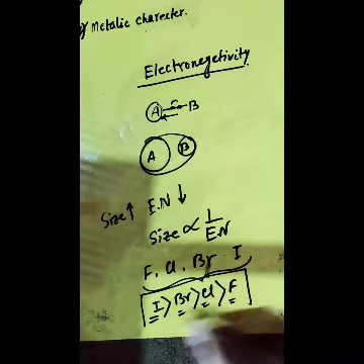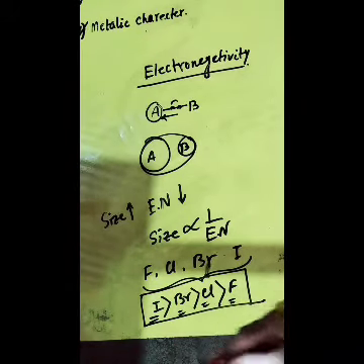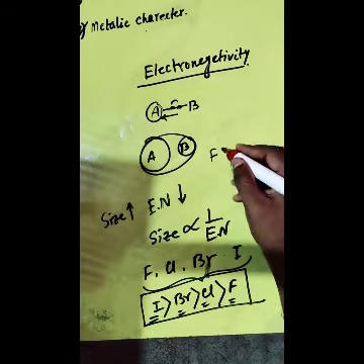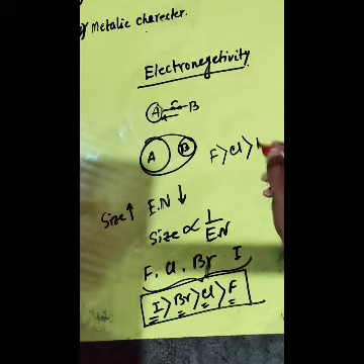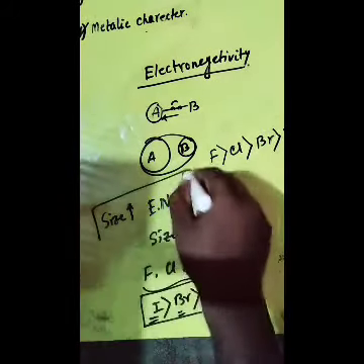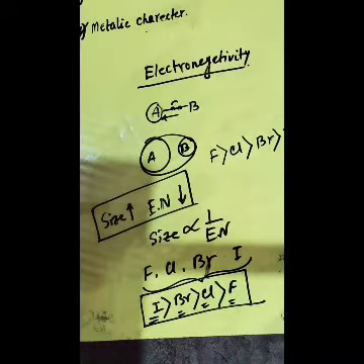So this is the size order. But the electronegativity order of these elements is totally opposite. That is, fluorine has more electronegativity than chlorine, than bromine, than iodine. So you can say size is inversely related to electronegativity.